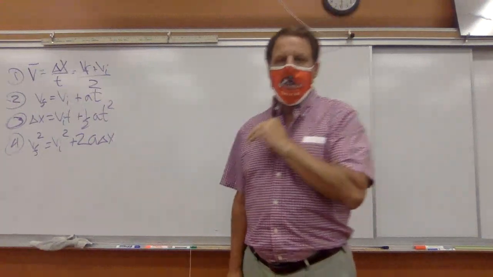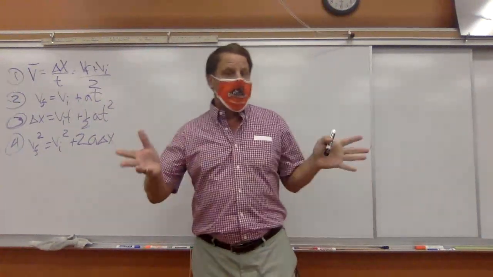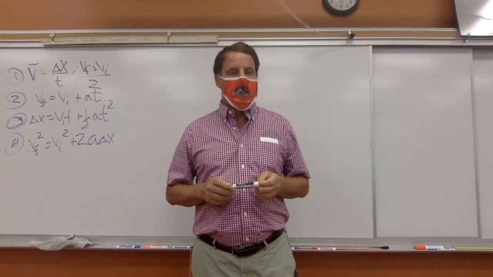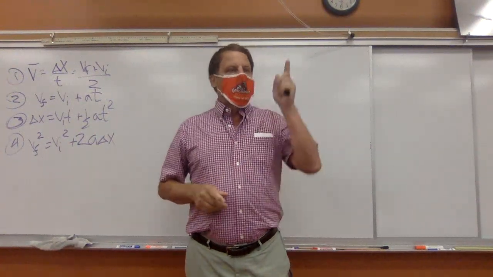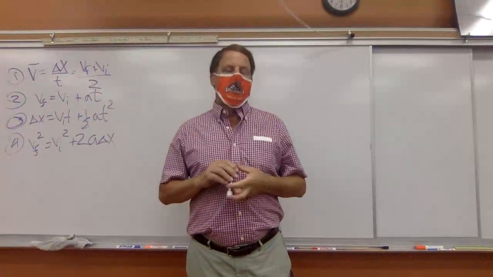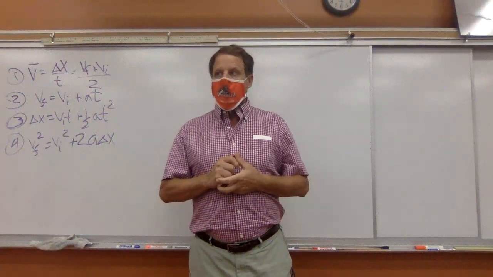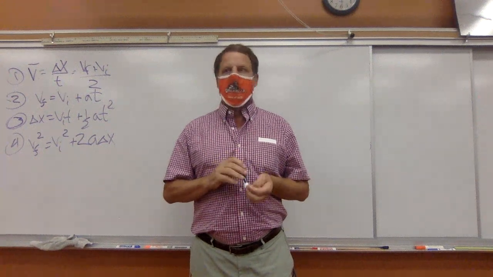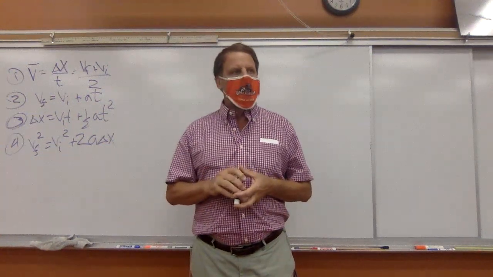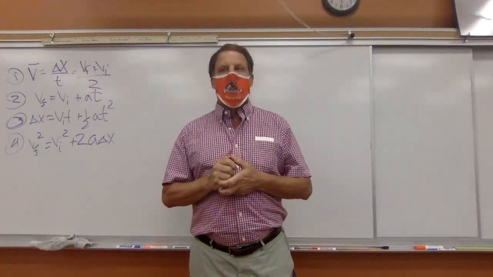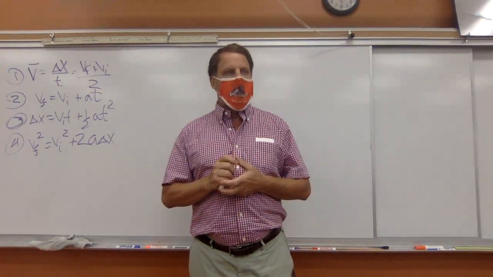We also talked last week that it could be in some other variable like y or r. But when we're specifically dealing with motion perpendicular to the surface of the Earth, or of another large planet or moon, then we're obviously going to have the acceleration that we are used to.